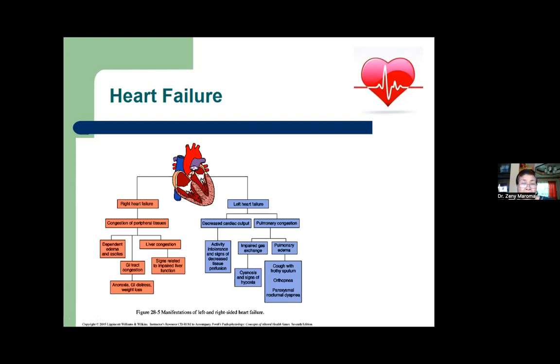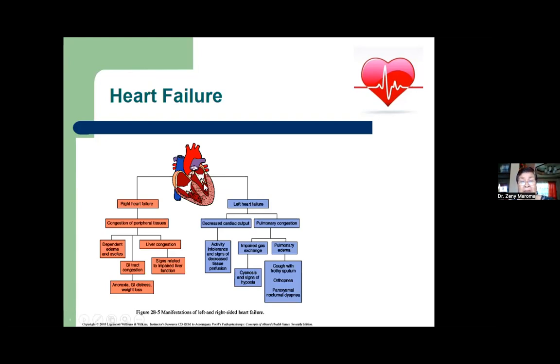Pero sooner or later, pagod na ako, suko na ako, ayoko na. Okay, so ano mangyayari? Suko na ako. Okay, there is now incomplete emptying of the left ventricle.